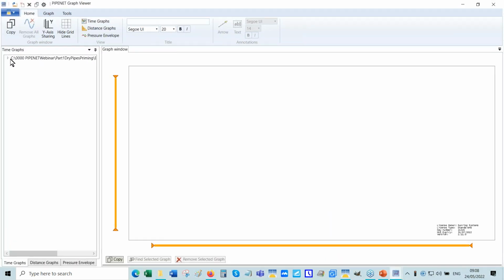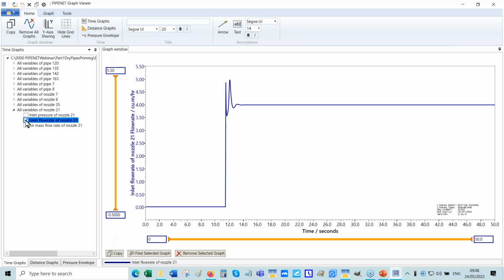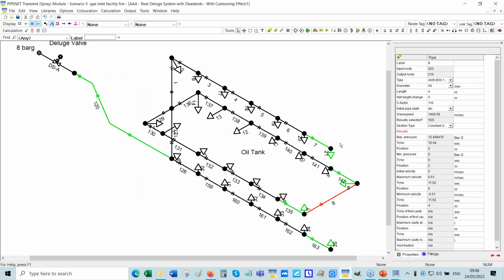See, this actually is an example. This shows the beauty of the dry pipe model. See, there are some spikes here. That's on nozzle 21, which is here.